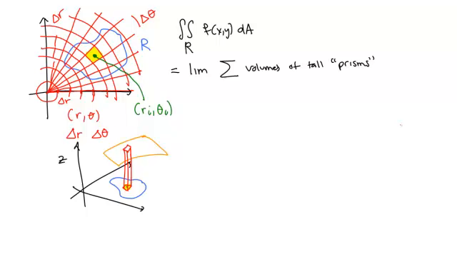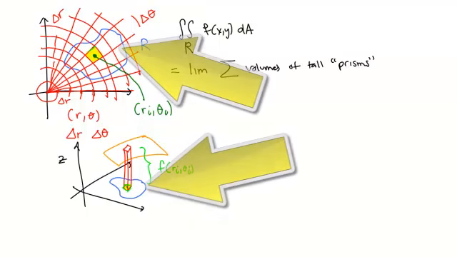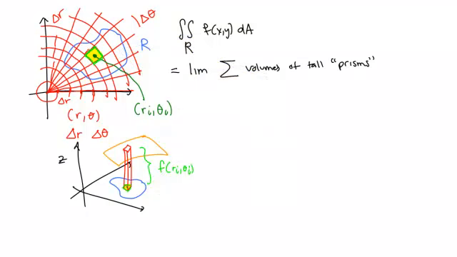The height of this shape is simply going to be the function value at that particular point. What about the area of the base? Well, this base is almost a square. How long is it? This length right here is exactly what delta r measures. Two of its sides are exactly delta r.